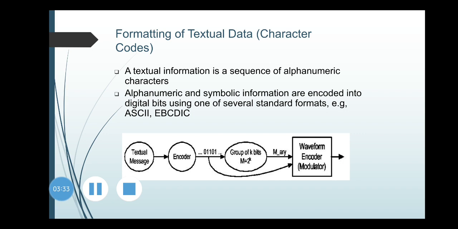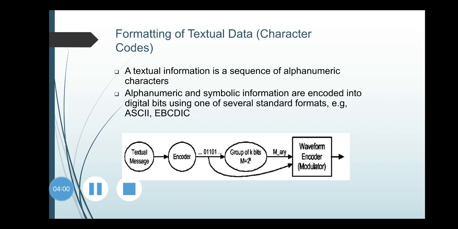This standard format was developed by IBM and it is used by IBM, where the characters are represented in EBCDIC as 8-bit characters. Coming to ASCII, it can be a 6-bit, 7-bit or 8-bit character representation, which is basically used in data communication.